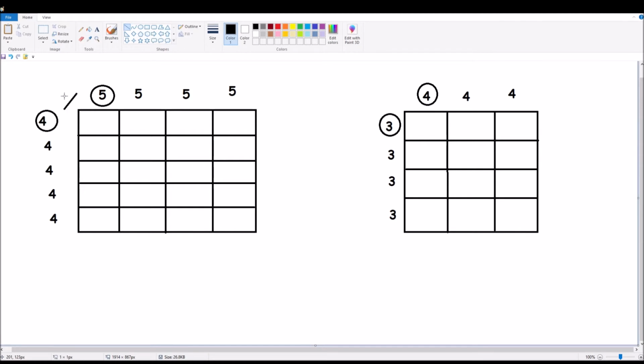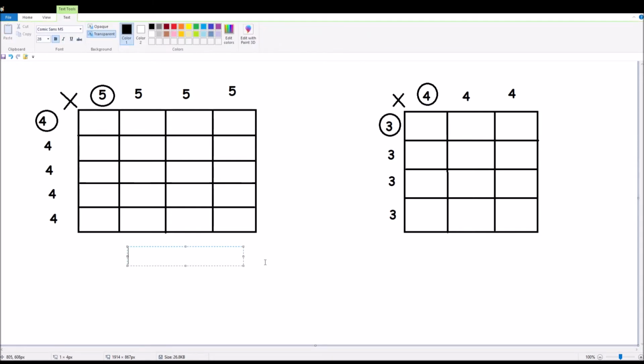That's right. You can take and turn these into a multiplication problem. Instead of having to add up over and over again, you can just go with the multiplication problem. 4 times 5 equals 20. Or in this other one's case, 3 times 4 equals 12.